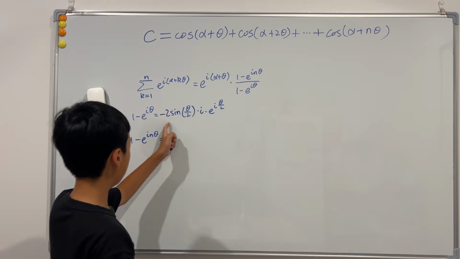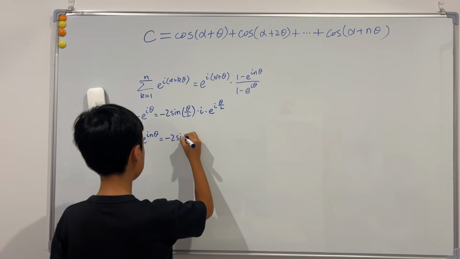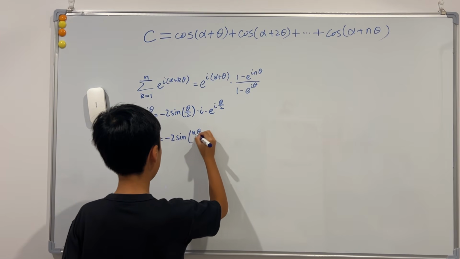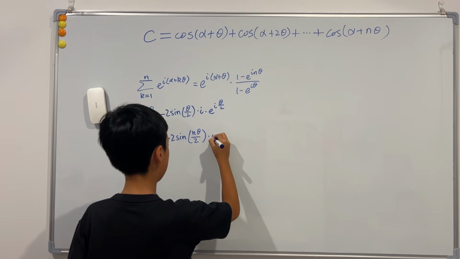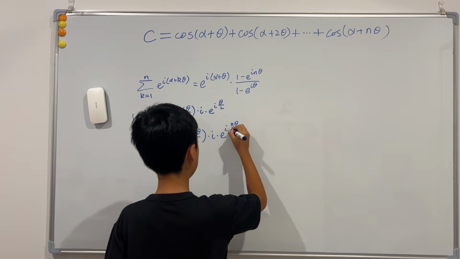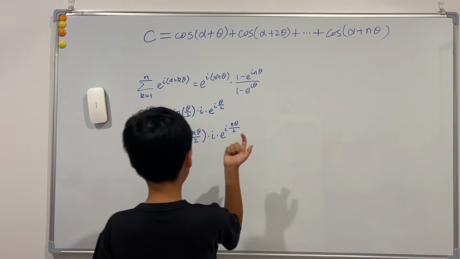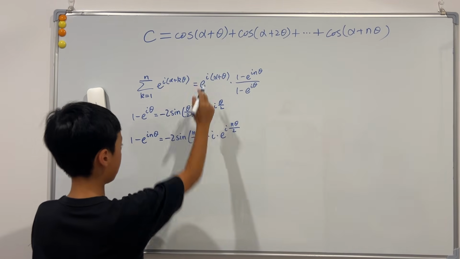So we replace all the thetas with nθ. So it becomes negative 2 sin(nθ/2) times i times e^(inθ/2).